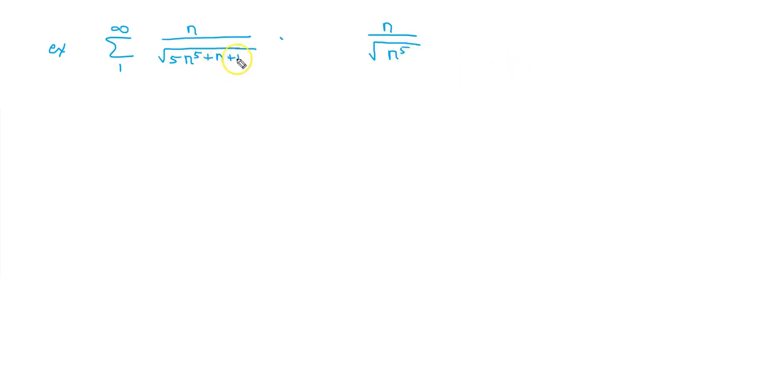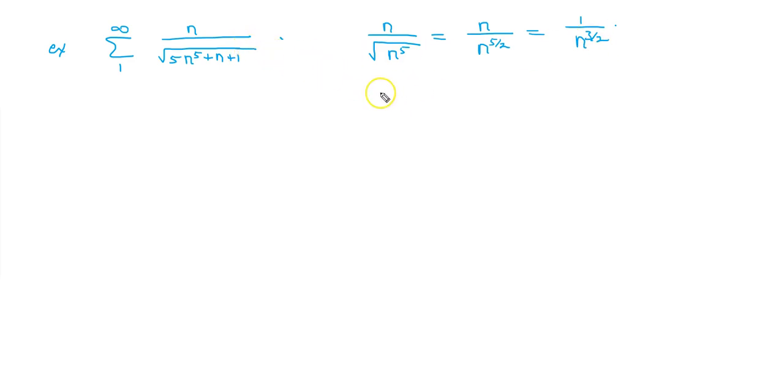So I threw away the n and the 1. You could put a 5 here if you wanted. You don't have to, though. Now this is equal to 1 over n to the 5 halves power, and that's equal to 1 over n to the 3 halves. All right. So that's what we're going to limit comparison this with.